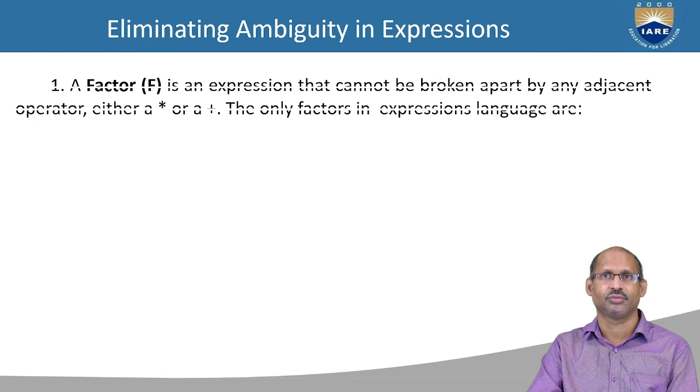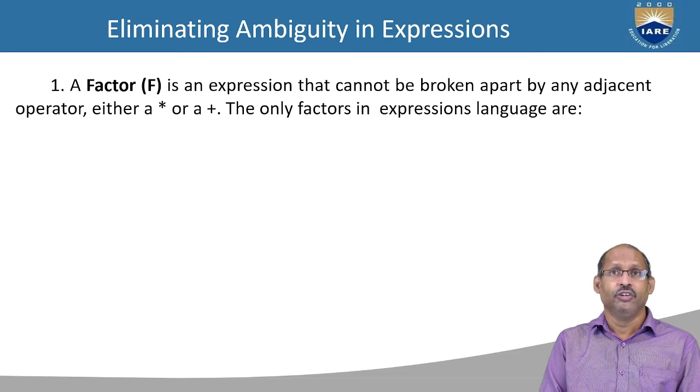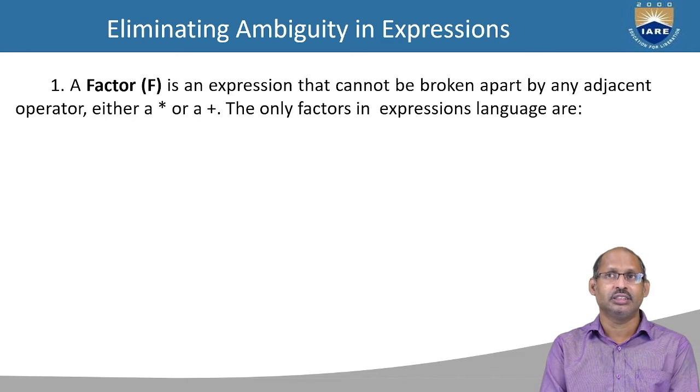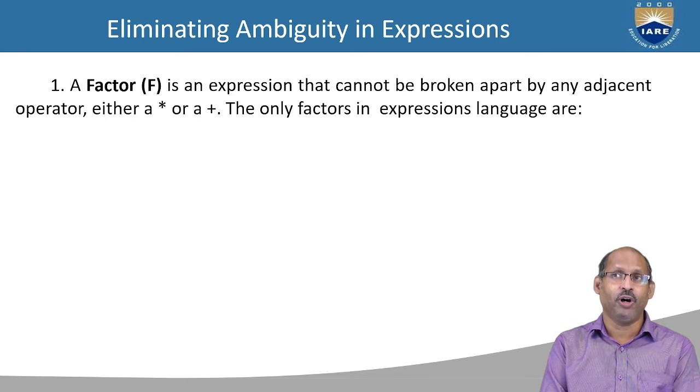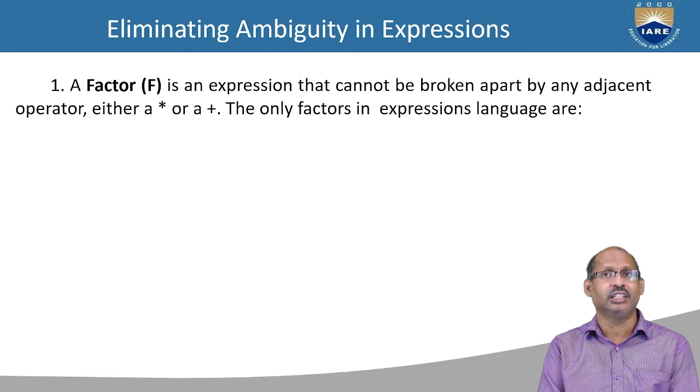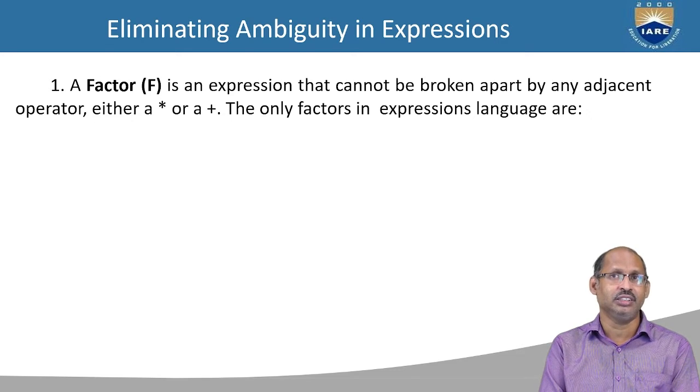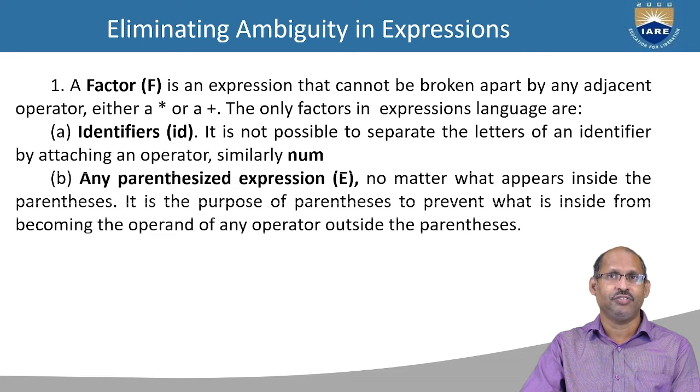Now, we are considering the word factor. A non-terminal F is an expression that cannot be broken apart by an adjacent operator, either a multiplication or an addition. The only factors in the expression language are identifiers, numbers, and parenthesized expressions.